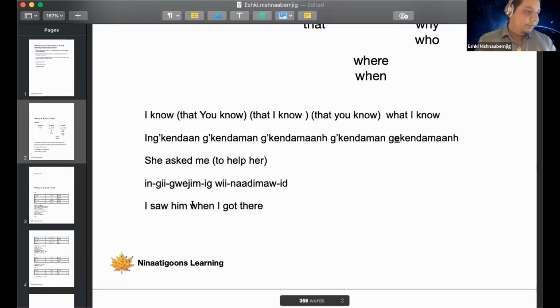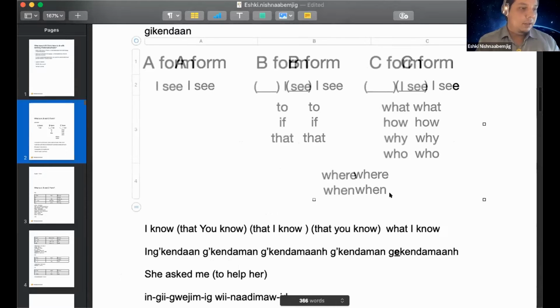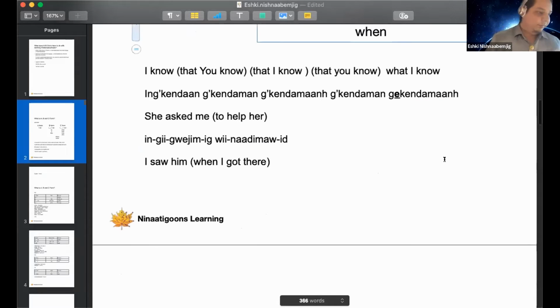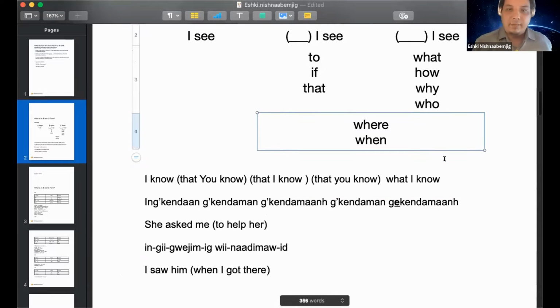Miigwech, Sana. It becomes before when. Okay? Because that was one of my words for A, B, and C where my brackets start.